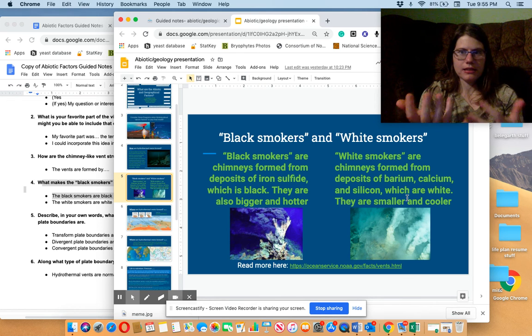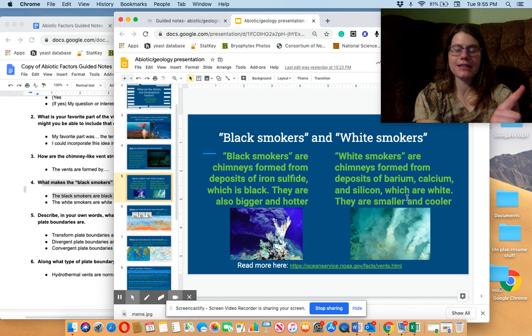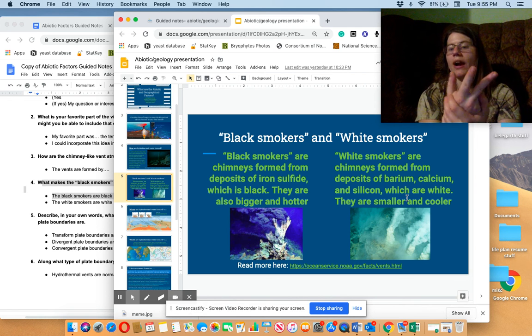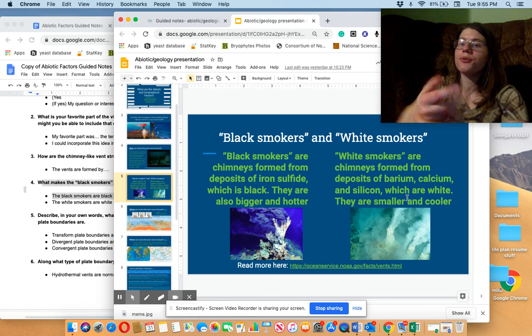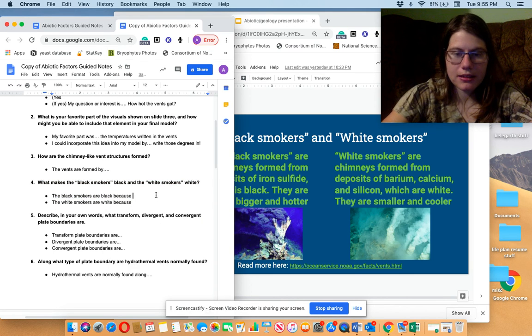The reasoning behind this is super simplified and not accurate, but if you can remember black, like a black cast iron pan, iron sulfide is the black smokers, and white, like silicon and calcium, or white like bone, are the white smokers. Calcium, bone, white smokers. So black smokers are black because of iron sulfide.